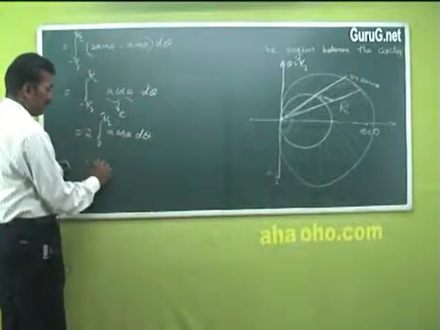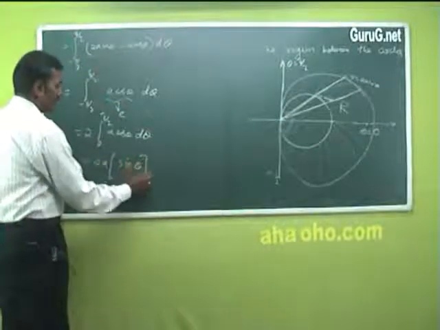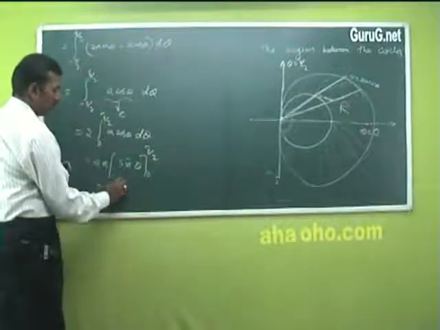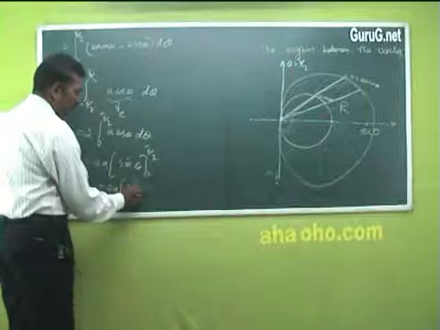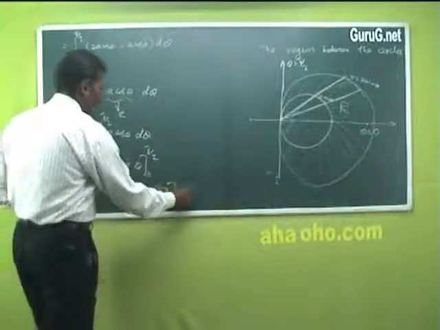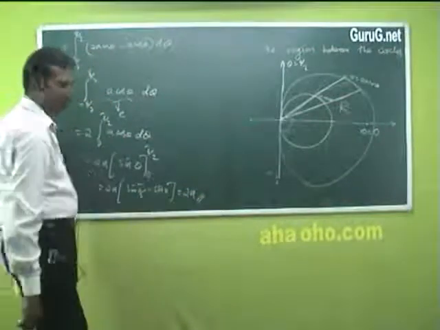So a is a constant, so integration of cos theta is sin theta, 0 to pi by 2, so 2a into, apply the limit, sin pi by 2 minus sin 0. So sin 90 is 1, sin 0 is 0, so the answer is a. Clear?